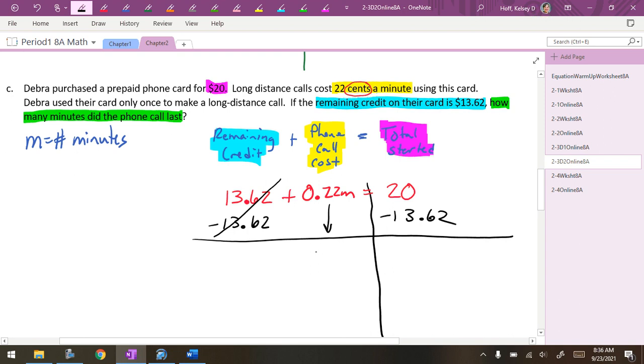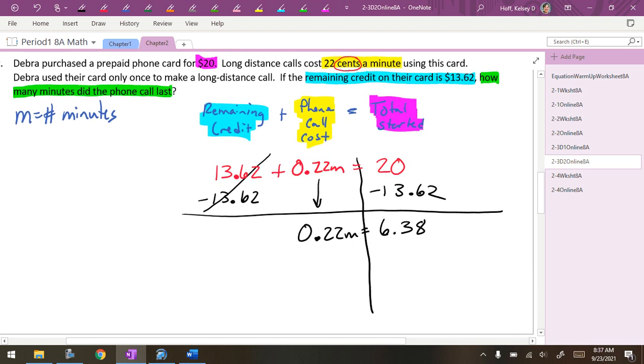Now I want everybody to pay attention when you're typing that into your calculator. Make sure you have the decimal point in the correct location. 20 minus 13.62. I'm going to steal it off Tegan's calculator here. He has 6.38. Do you guys have 6.38?